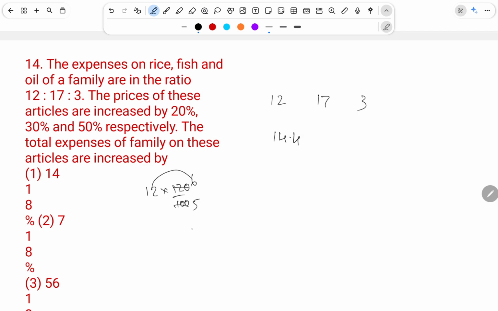Then 30% of 17, into 130 by 100, is 22.1. Now 50% of 3 is 4.5.